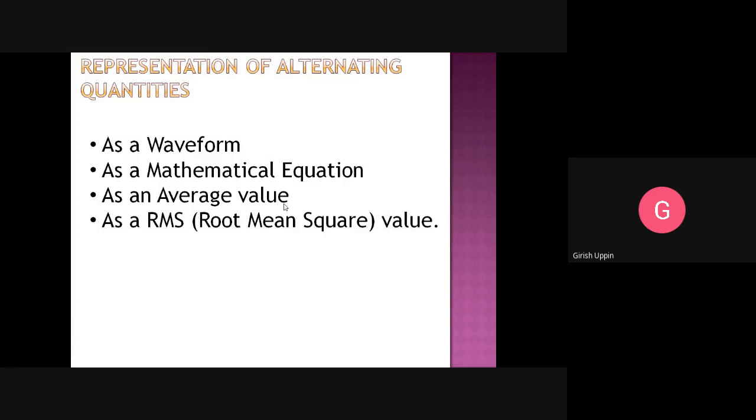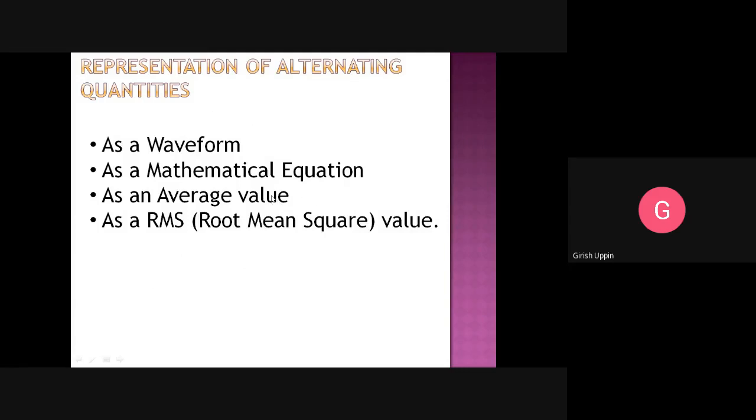That is the average value you get. Similarly, we can take all the instantaneous values. At various instants, we get the instantaneous value. So we can take the instantaneous values and divide by the number of instants or the number of samples we are taking. That is how we represent the average value.